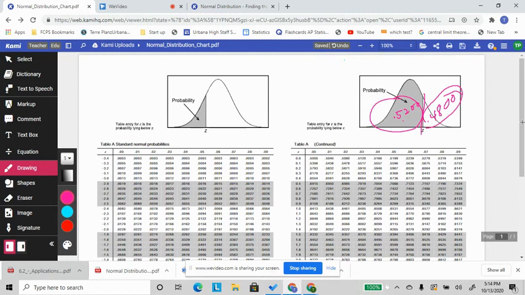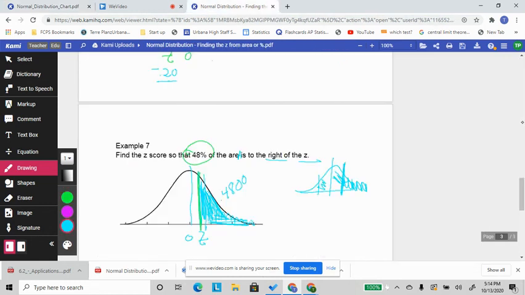So 5,200. So I'm going to look up the closest thing. Starts at 5,000. 5,199. Looks like that's it, right? So it's almost right on the mean. So this is really, really close to the mean. Look at that, 0.05. So we have to move this even in closer.